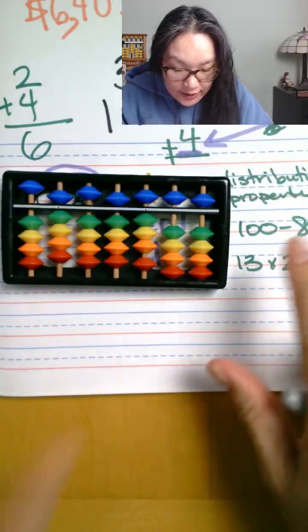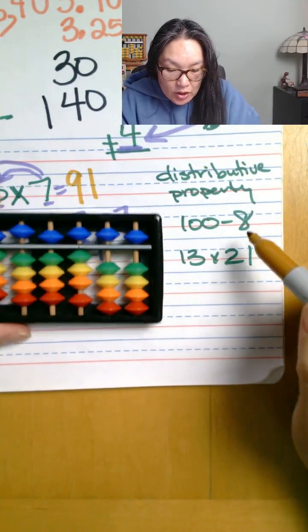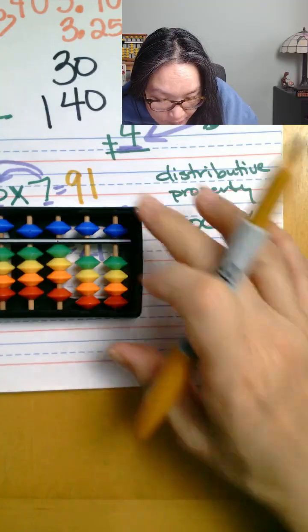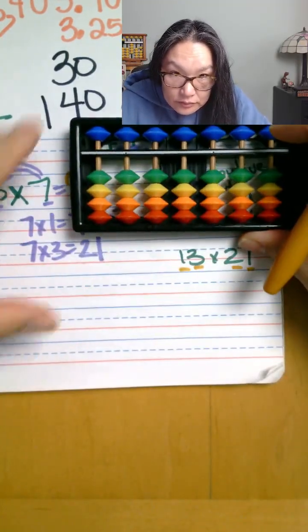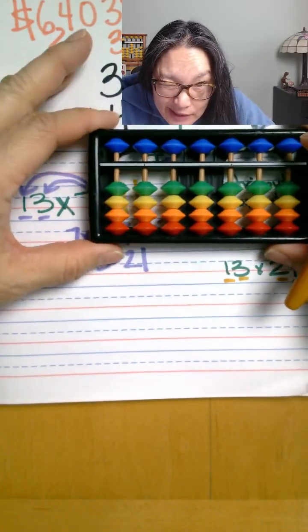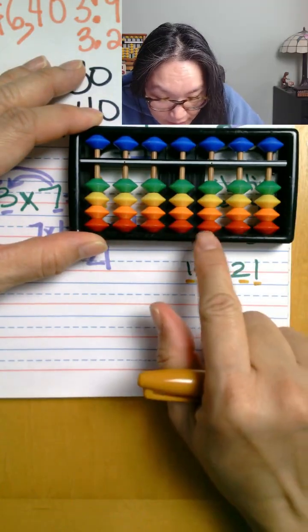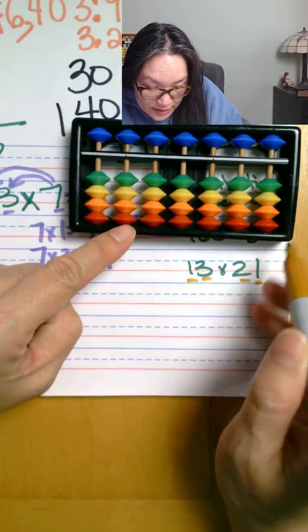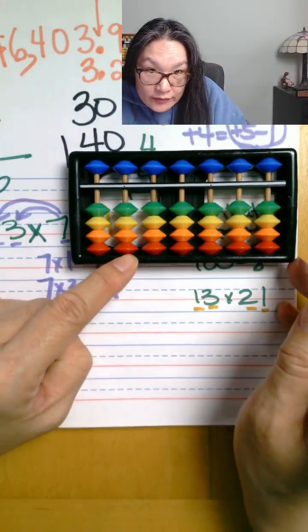So let's try this one. Ethan gave us another question. The first thing we do is figure out our starting point. 1, 2, 3, 4. So our starting point will be at the 4th column. I'm just readjusting. 1, 2, 3, 4. So we're here. Now, notice this is my distributive property again. The abacus does a lot of distributive property.